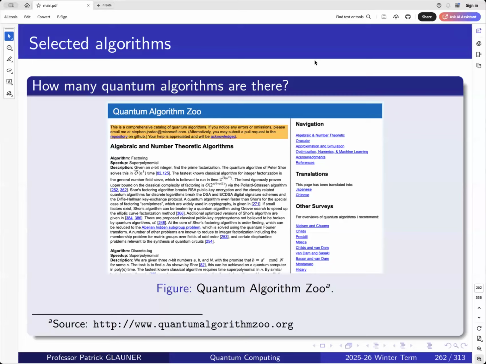But for quantum computing, it's different, because from these few dozens of algorithms that have been proposed for quantum computers, only probably a handful is actually usable or useful in the real world, because the others, so most also here in this quantum algorithm zoo, are actually just algorithms that are purely there for academic problems, but don't solve many real problems. So feel free to go through this list. Maybe some of these algorithms could also be interesting with regards to your seminar presentation, but most of them are actually purely academic.